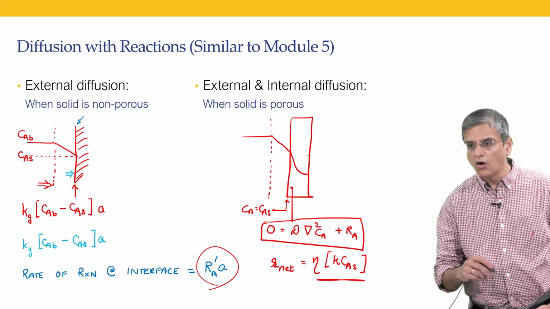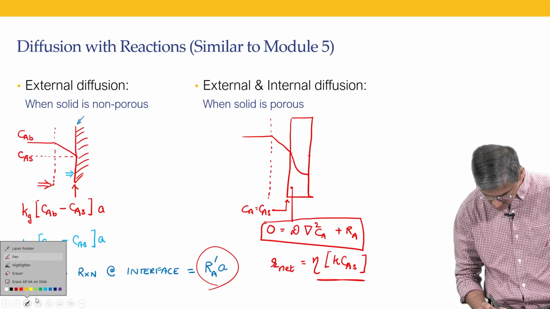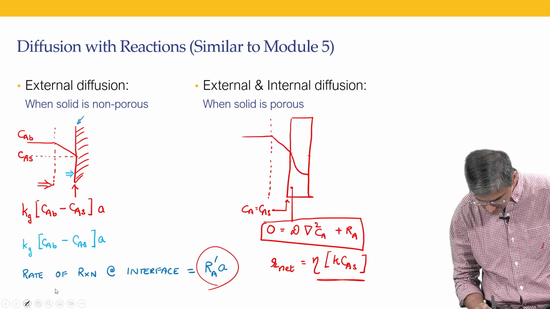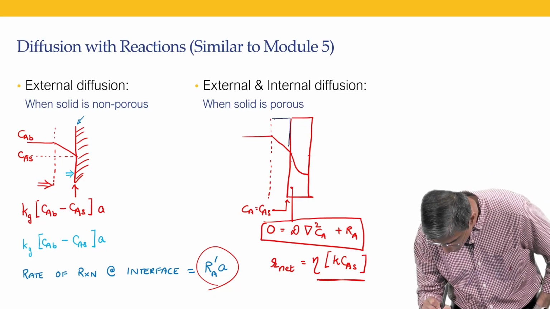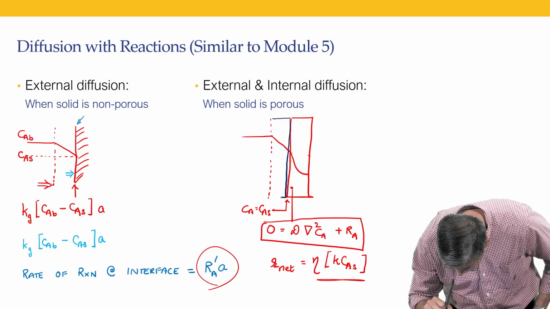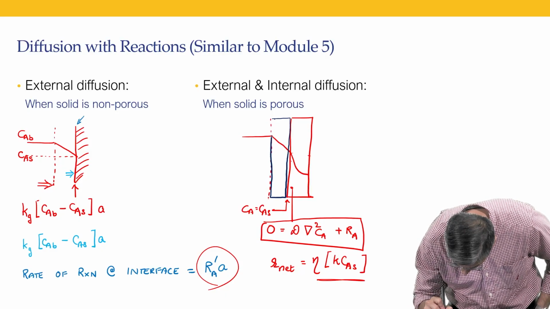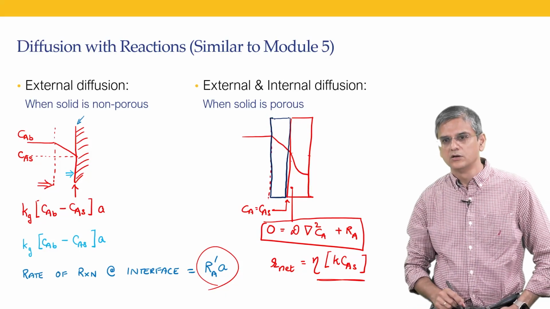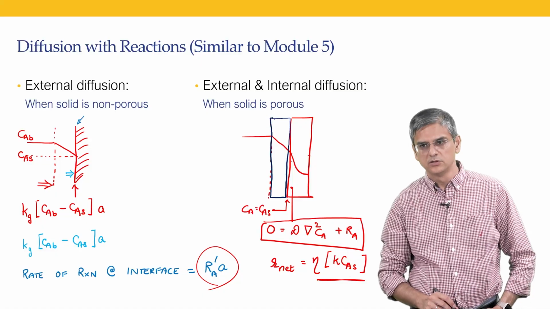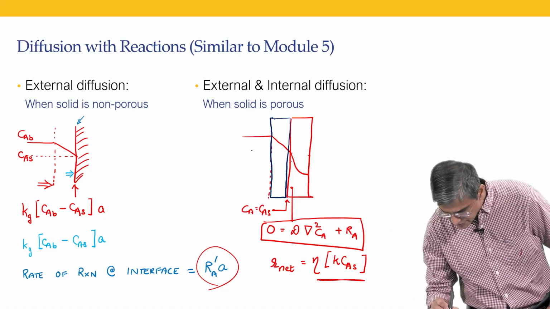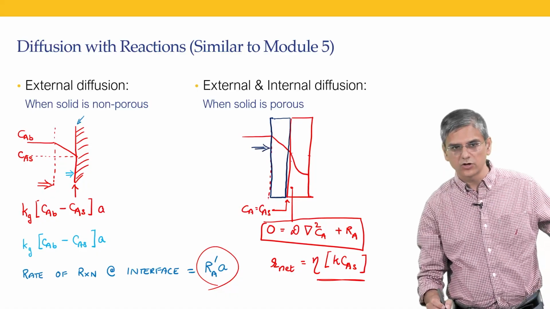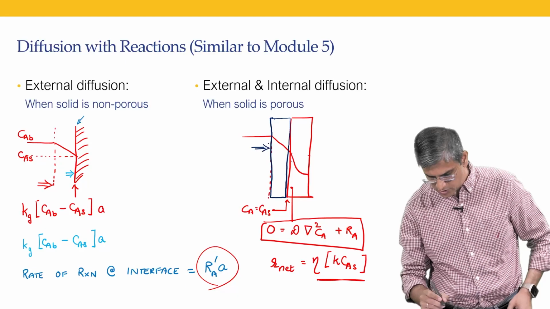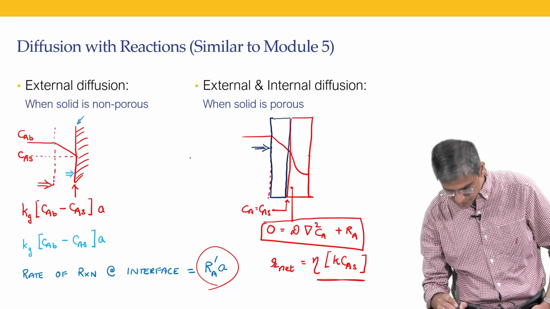Okay, an alternative way of doing this, which will give you the exact same result, is to think of this control volume. What's in from this end? Let's say what goes in because of the overall diffusion that happens.